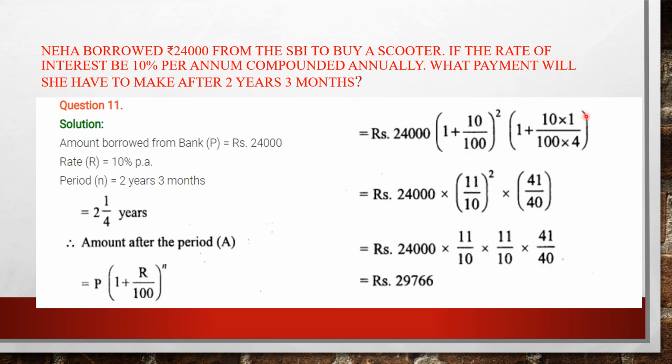On simplification, we get 29,766. So for the 24,000 that we borrowed from the bank, we have to pay along with the interest 29,766.